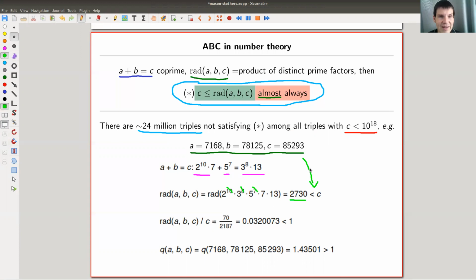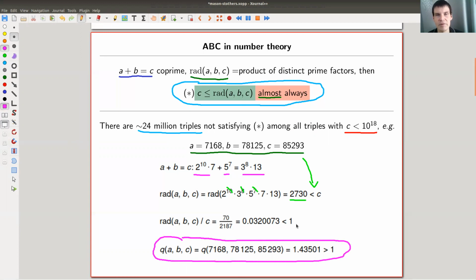This usually doesn't happen, and the way to measure this is given by this quality Q. It doesn't really matter how it is defined, everything is linked in the description anyway, but it really rarely happens that this is so skewed. So most of the time you would expect that this Q of ABC is smaller than 1, and very rarely you see it go above 1.4, and even more rarely do you see it go above 1.6. There are only a handful of examples, I think, where it's bigger than 1.6, a handful compared to 10 to the 18.